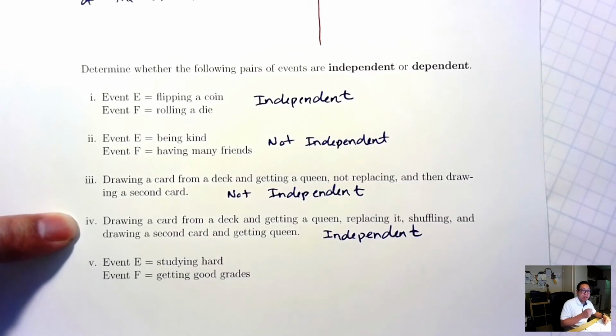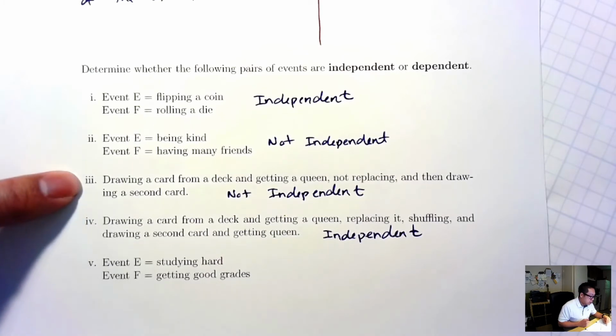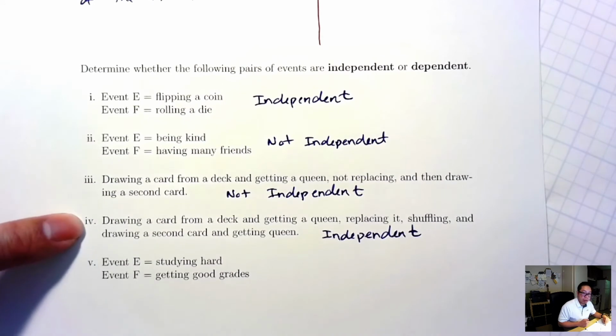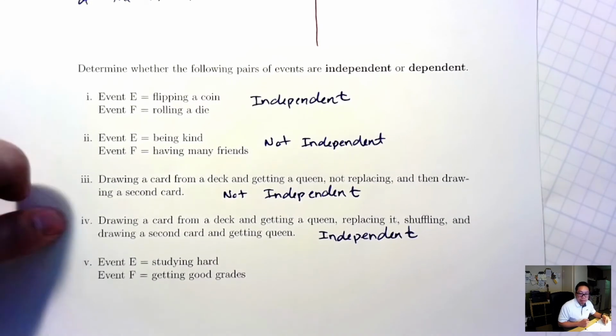Okay, because you're putting things back and reshuffling, that really just resets the situation. Okay, which means whatever happened in the first pick doesn't affect the second pick, right? Because you put things back and then you reset everything. Okay, so sampling without replacement is not independent, and then sampling with replacement is independent.